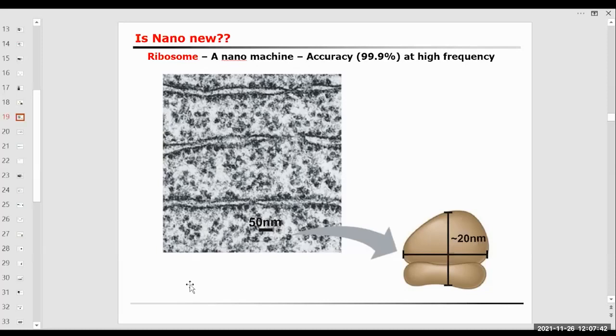And again, the interesting thing is its dimensions. Again, this is the schematic. The dimensions are again in the nanometer region. Okay, and this is the real image. From the moment life started and humans started living, the ribosome is there and it is helping us. It is again a nano machine. So is nano new? Definitely not.